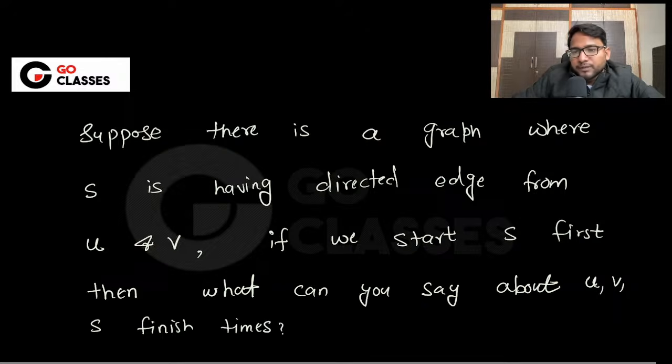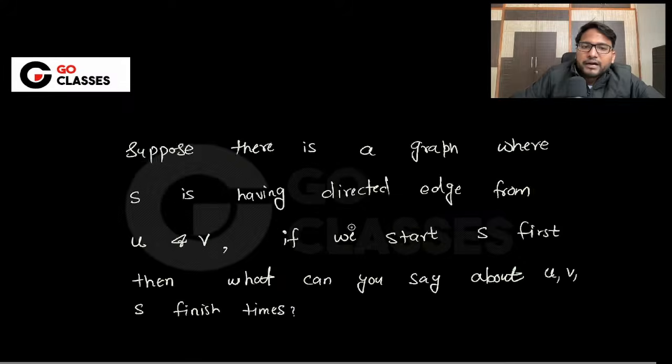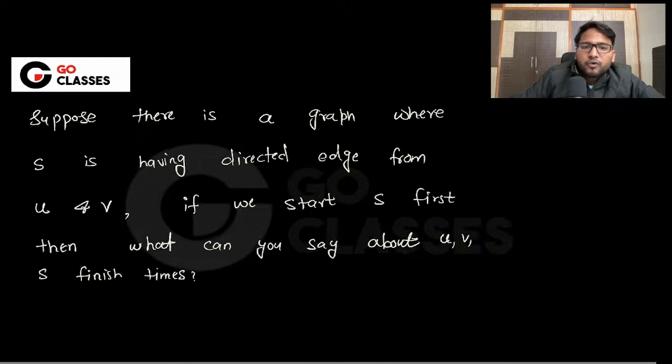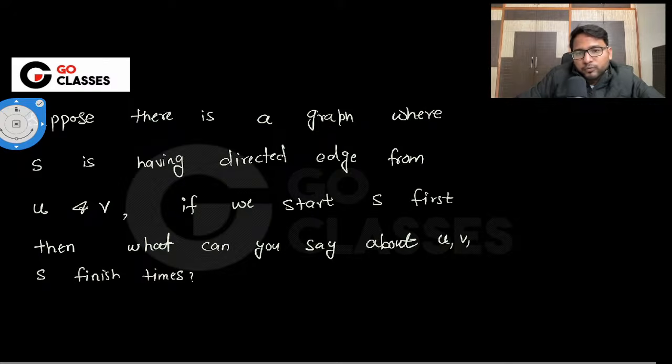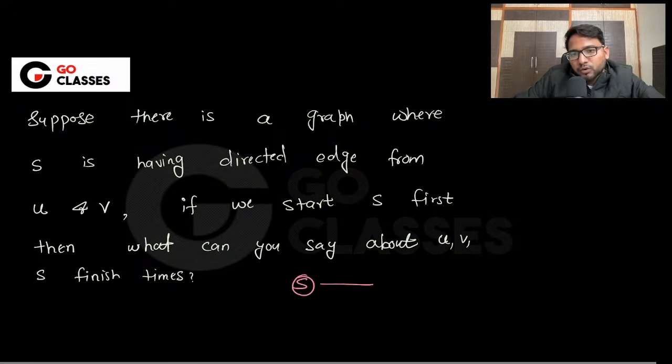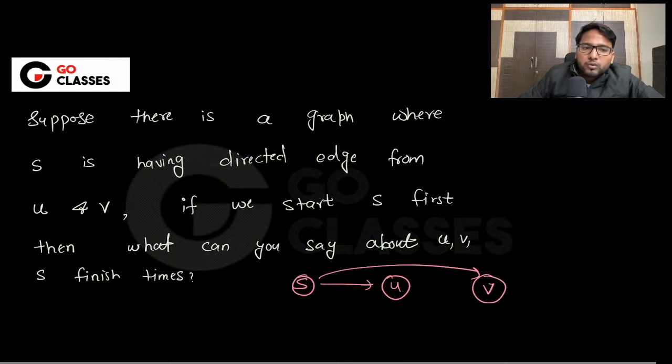Okay, which means they are saying there's a directed edge from S to U and from S to V, and they don't say whether U and V have any edge or not.